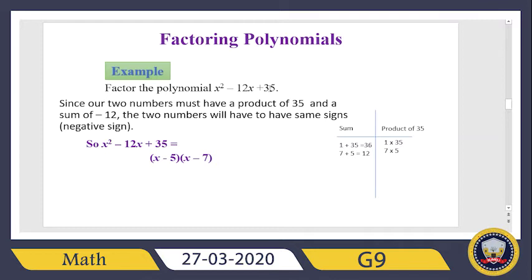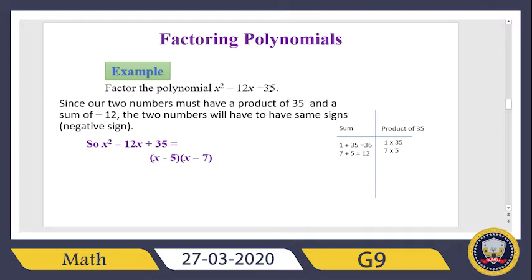There is no common number or variable, so I go to my next question. This expression contains three terms, so it's not a binomial, not a difference of two squares or a sum or difference of two cubes. So this is a trinomial, and I will directly open two brackets.